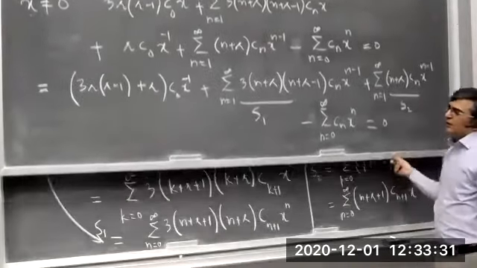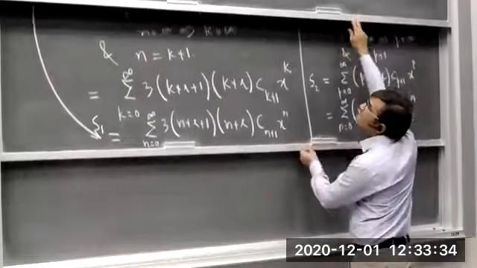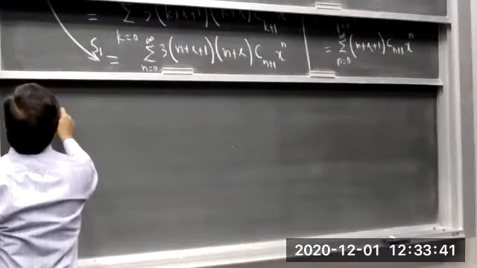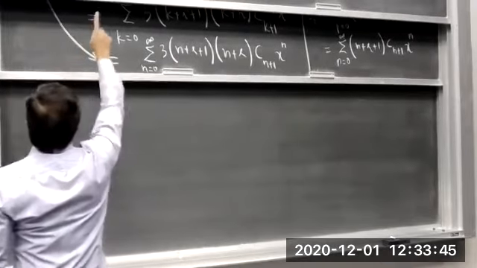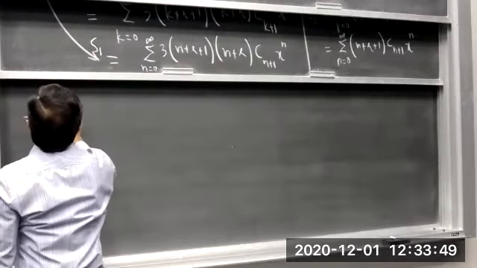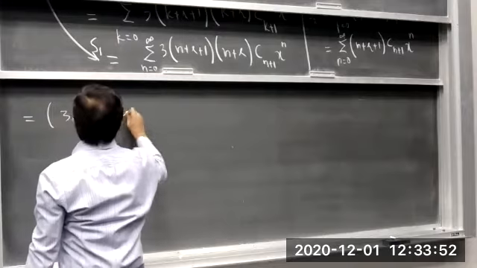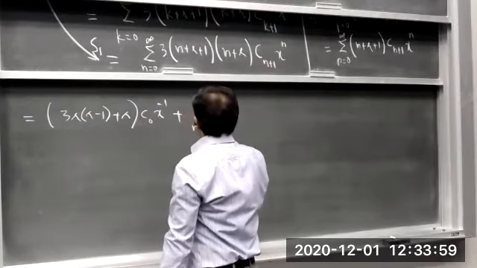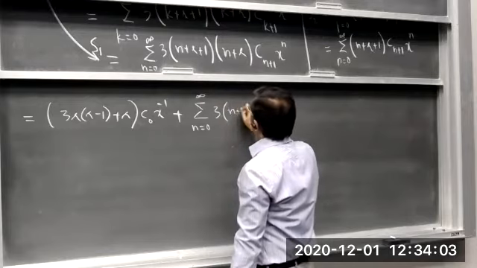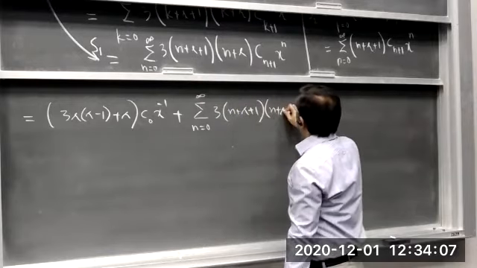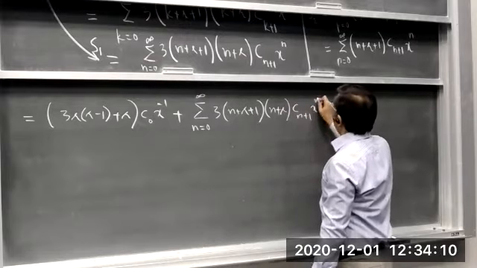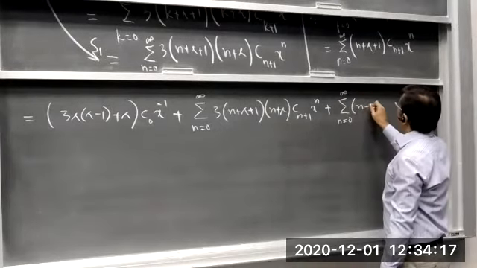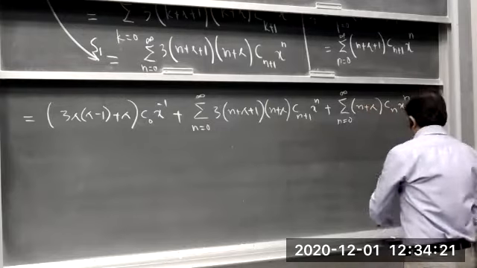Now the above equation which we have written becomes 3r into (r minus 1) plus r, c naught x power minus 1, plus summation S1 series n from 0 to infinity, 3 (n plus r plus 1)(n plus r) c n plus 1 x power n, and then plus summation n from 0 to infinity, (n plus r) cn x power n, no, (n plus r plus 1).